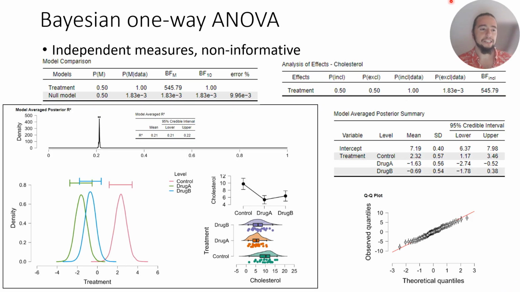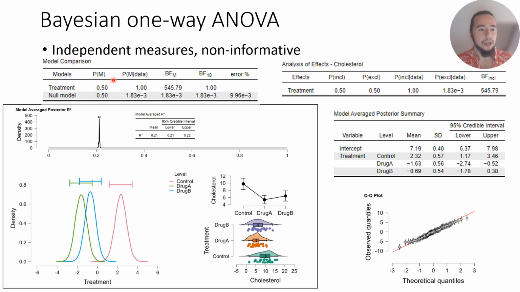Okay, so here's an example of an independent measures one-way ANOVA with non-informative priors. As you can see here, we have a variable that is called treatment. Treatment has the levels control, drug A, and drug B, and the null model. The prior probabilities of the models are the same because our prior was non-informative.